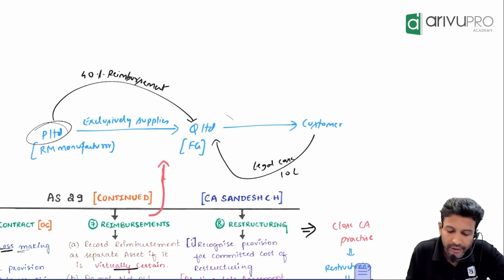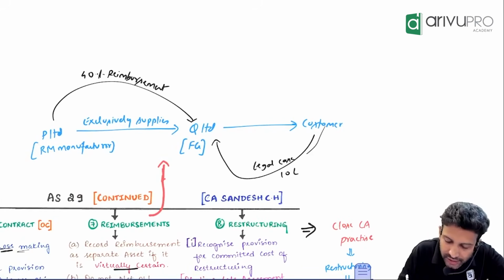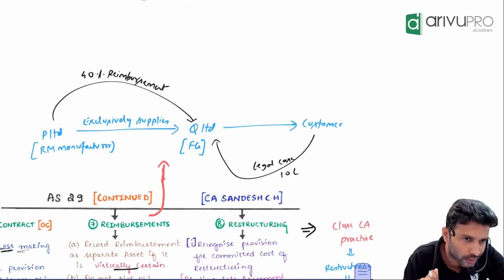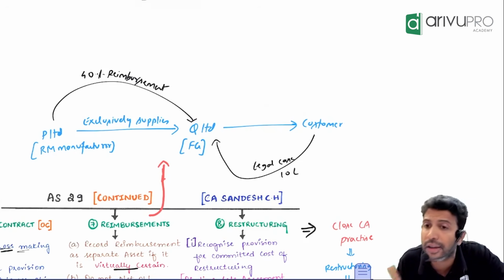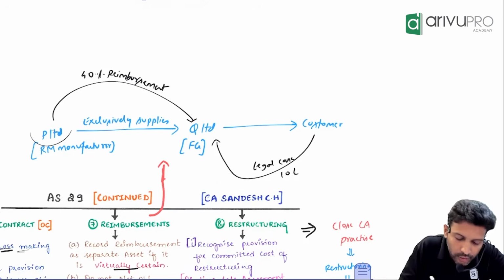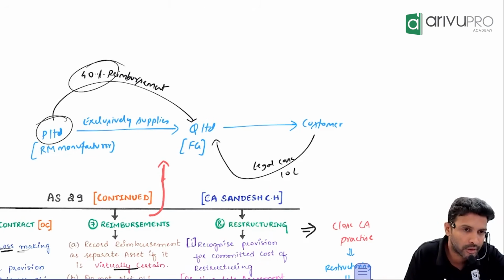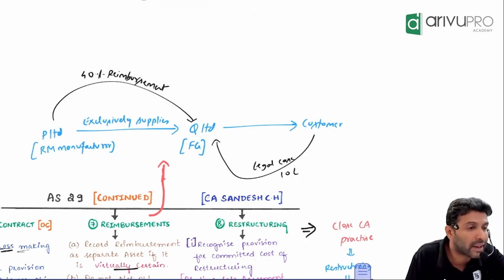Now, P and Q have made an arrangement. What arrangement? If any customer comes out saying any product is faulty, P and Q have agreed that 40% of the loss will be taken up by whom?